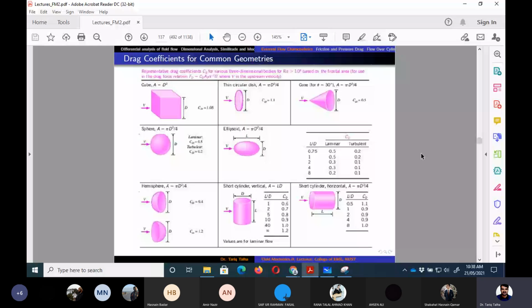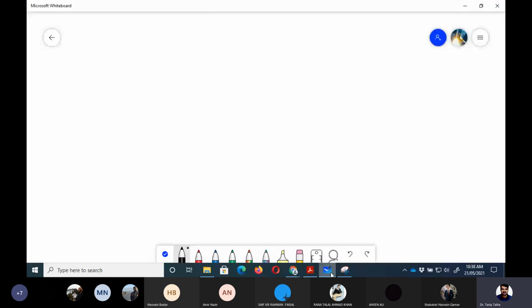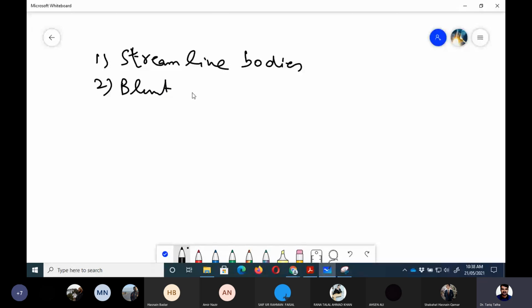Now in this class, we are going to discuss the characteristics of flow on different kinds of geometry. We are going to talk about two types of geometry: streamlined bodies, and blunt bodies. For these we are going to discuss certain parameters, the characteristics I am talking about.